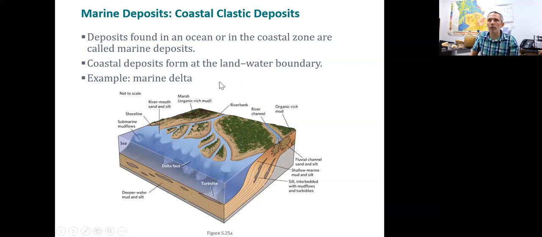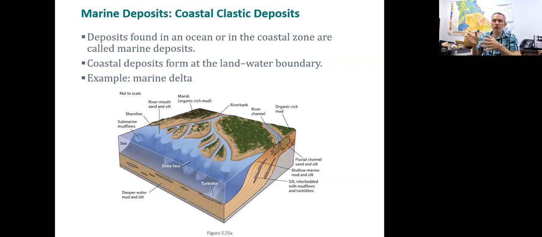And so when we start looking at the vast majority of sedimentary rocks, they are going to be these marine deposits, marine ocean deposited materials, these coastal environments. And so some classic examples of this are these deltas. And we can actually see these deltas start to separate out.